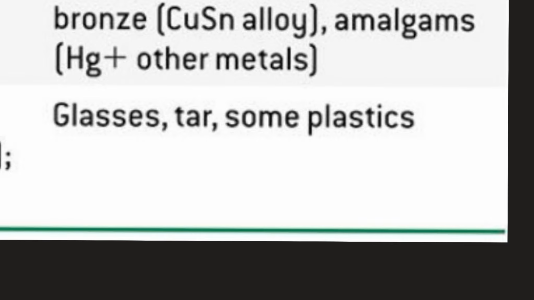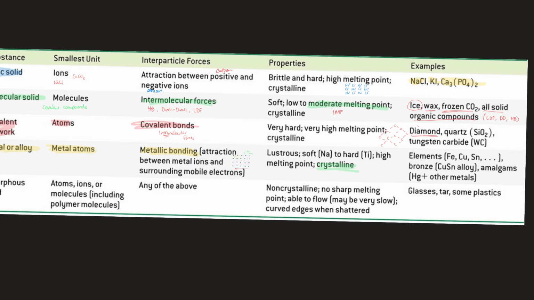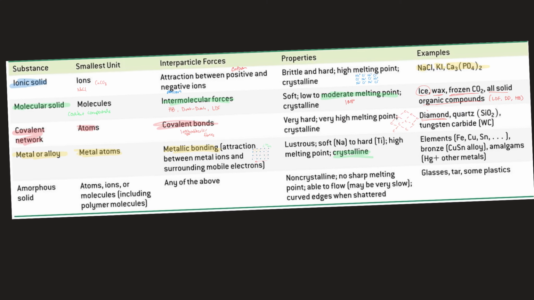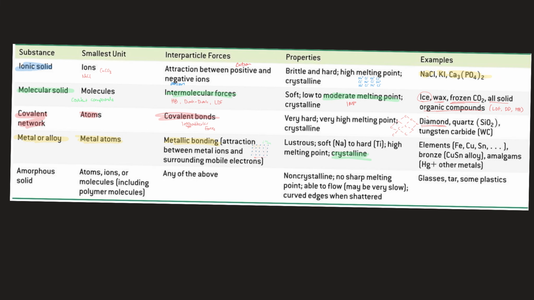These are amorphous solids. And so these are just examples of the different types of solids that you have to know, looking at the smallest unit, the interparticle forces, and some of the properties of each type of solid.